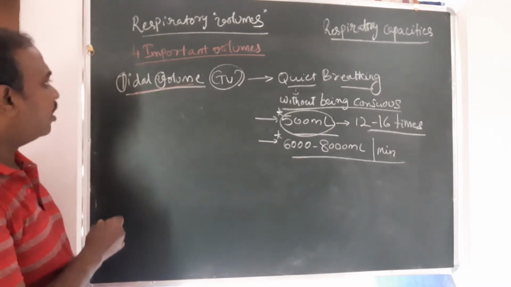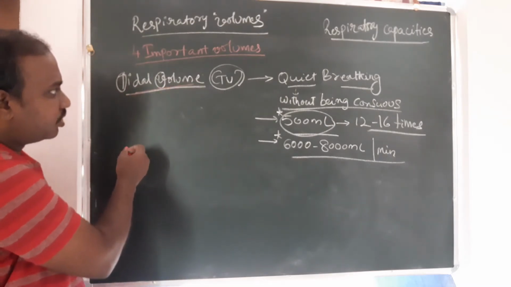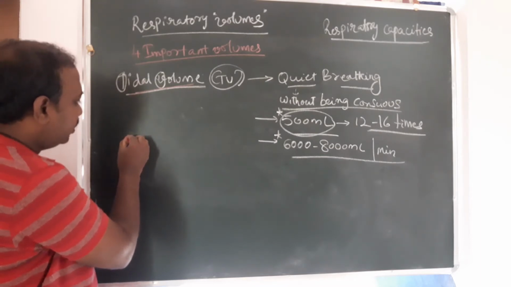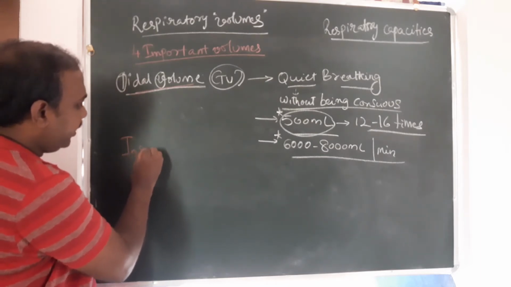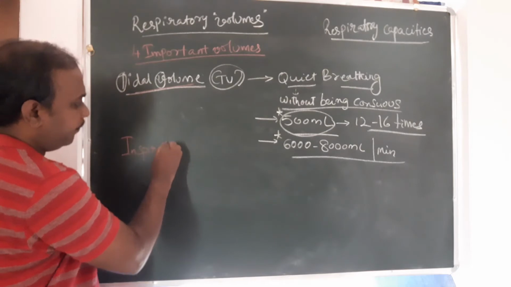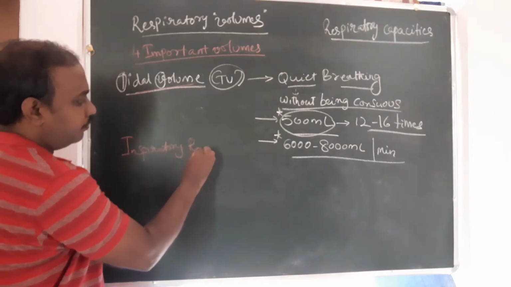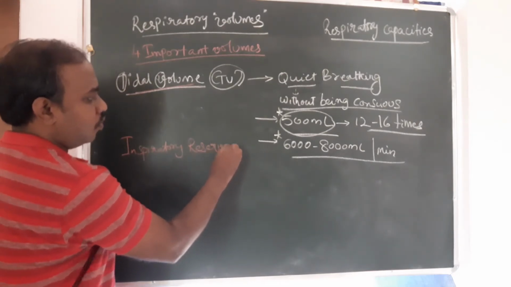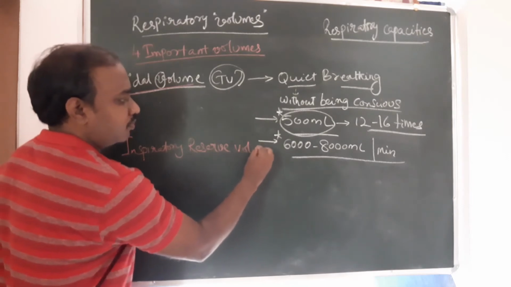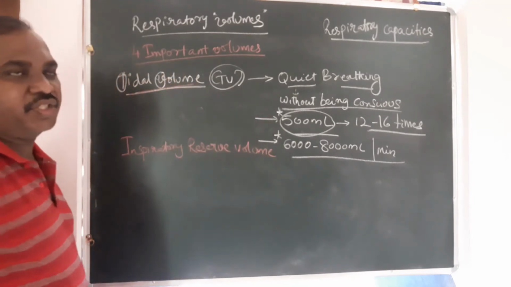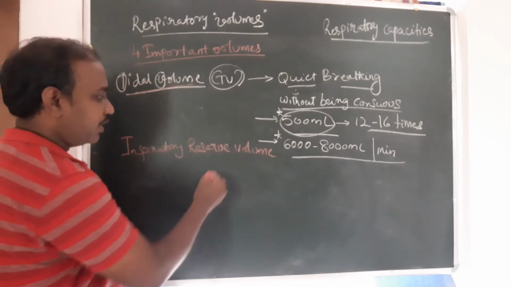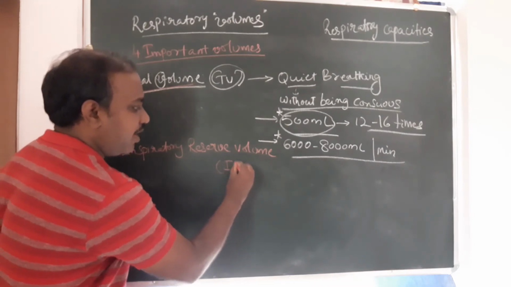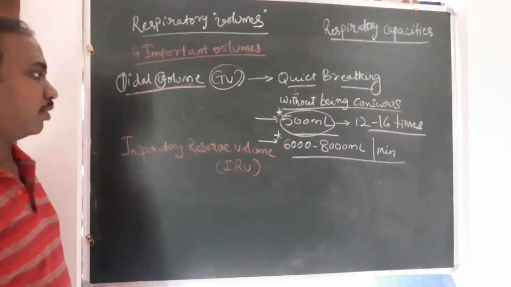What is the next set of value that we have? That is called the inspiratory reserve value. Inspiratory reserve value, we are taking the first letter of each word, so IRV is the acronym.